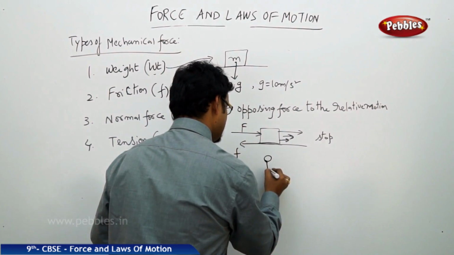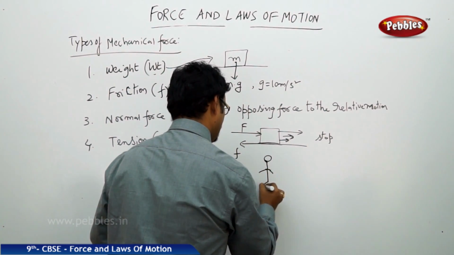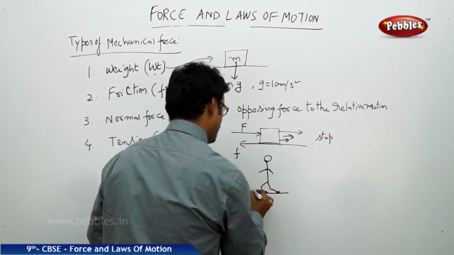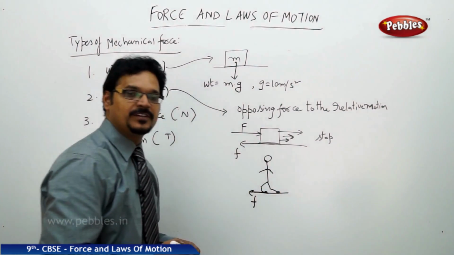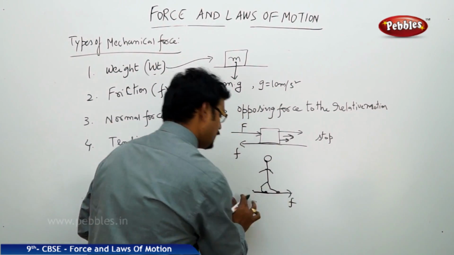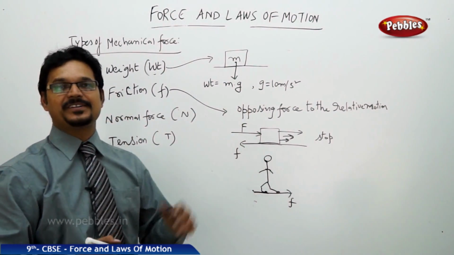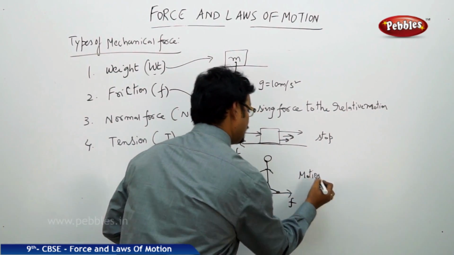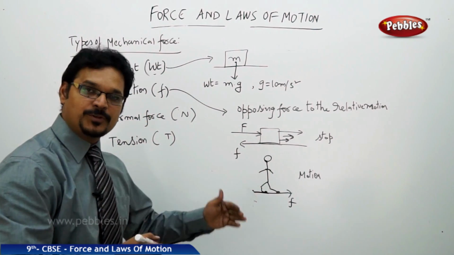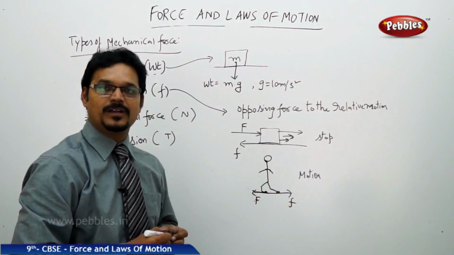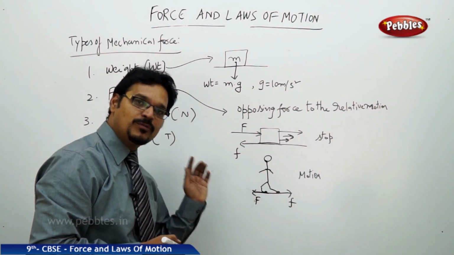So in this case, the frictional force makes you move in the forward direction. So here it is in motion. You're pushing the road in backward direction, and your friction is making you move in the forward direction.